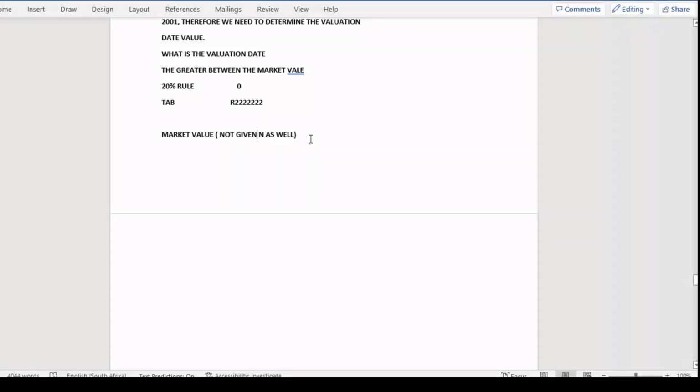So meaning that we're now going to look at which one is greater than which here.